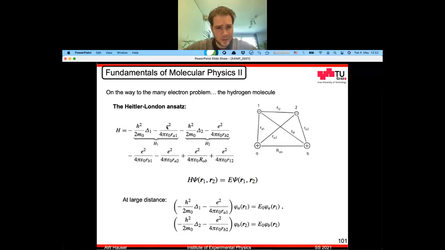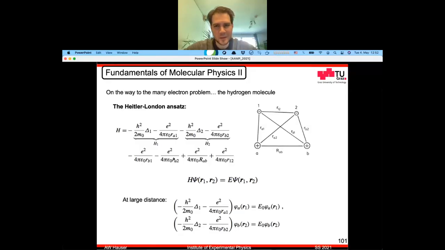Then we have the Coulomb interaction of the electron 1 with the nucleus A. Then we have electron 2 interacting with nucleus B. And then we have a mixed expression where electron 1 is interacting with the other nucleus and electron 2 is interacting with the first nucleus, right?